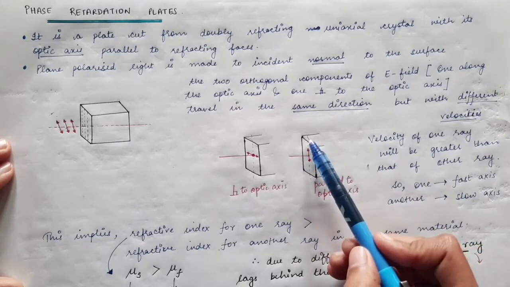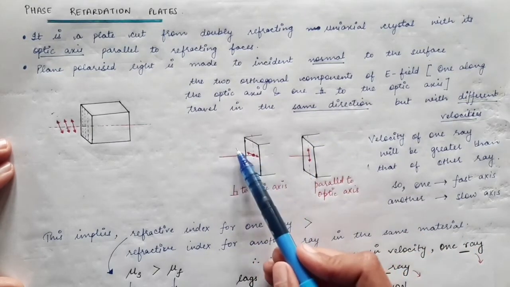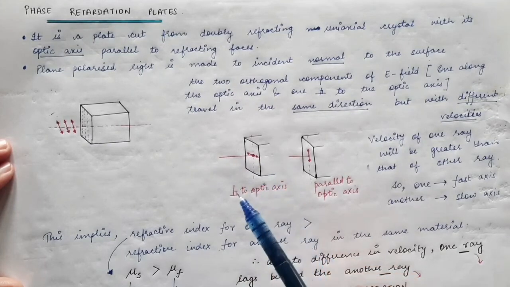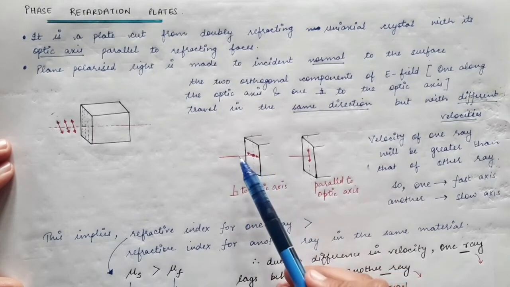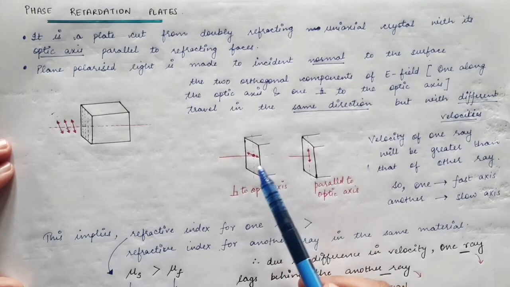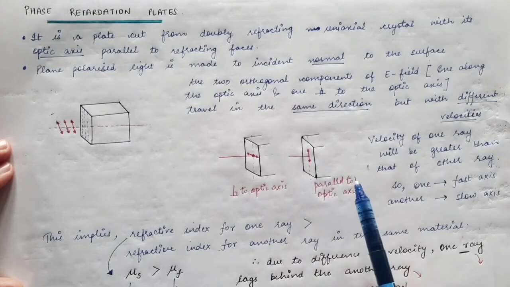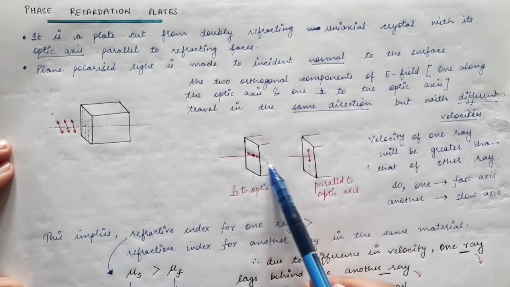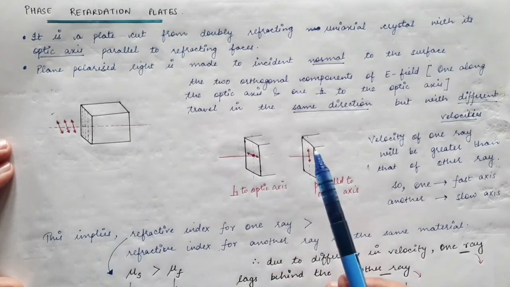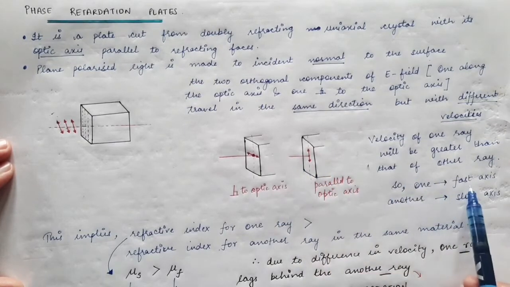In that case the optic axis will be called the fast axis, and the axis perpendicular to the optic axis will be called the slow axis, because in this example the perpendicular component is moving slower than the component parallel to the optic axis. So it depends upon the type of material which we are taking.